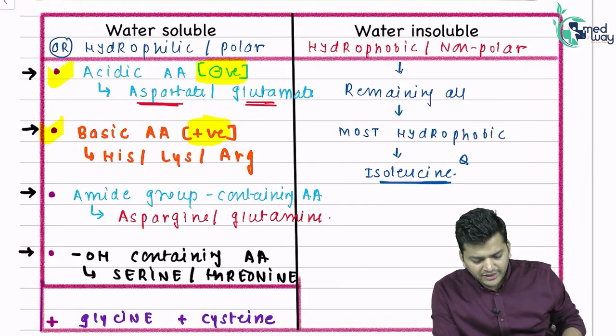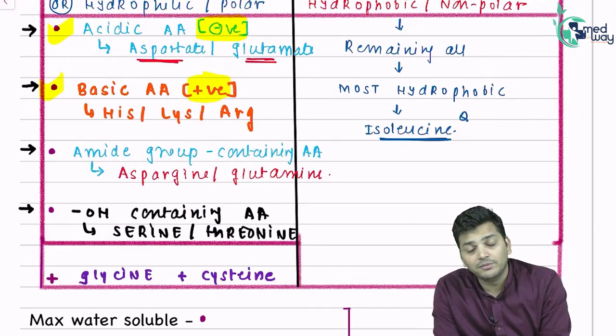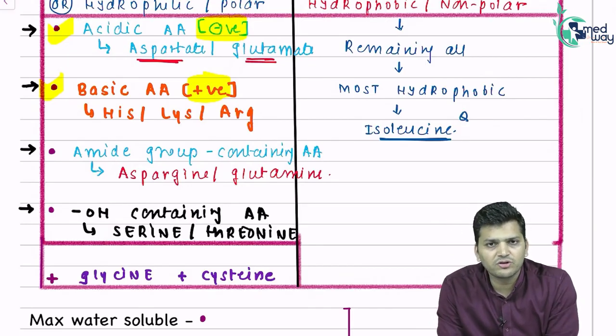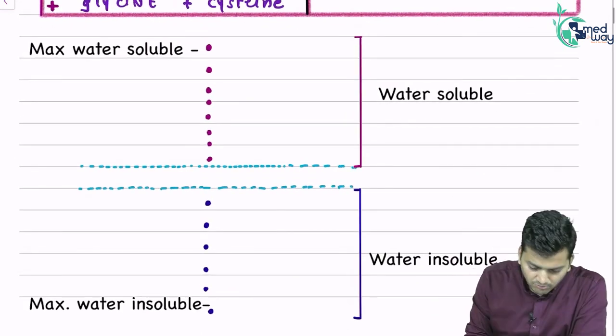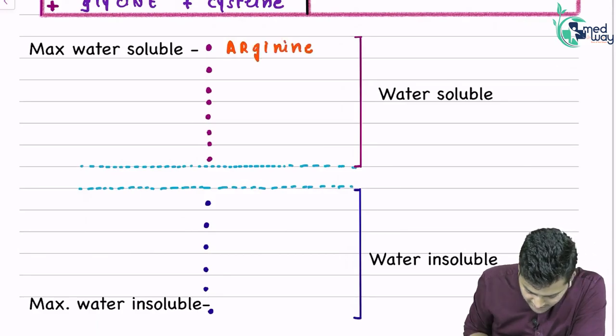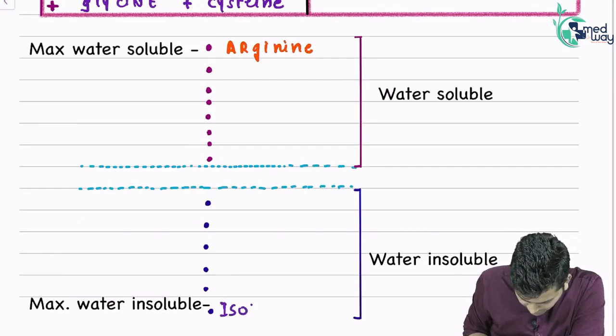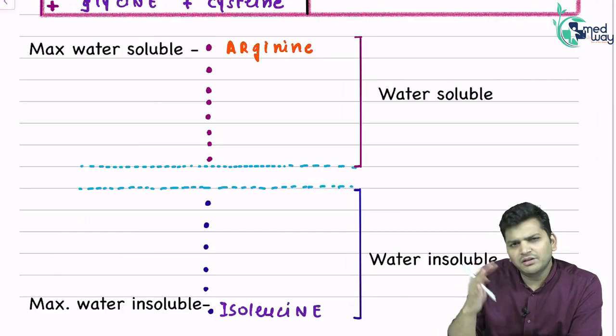So if we take the 22 amino acids and arrange them in a sequence on the basis of their water solubility, it is going to be like this. The most water soluble is arginine, with the maximum water solubility, and the least water solubility is leucine or isoleucine. The remaining are in between.